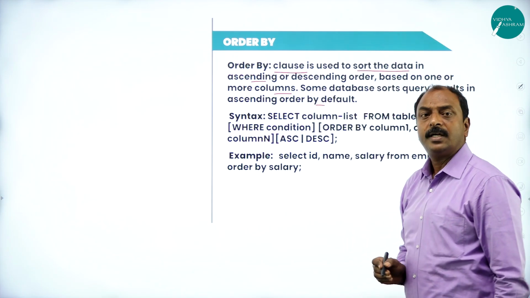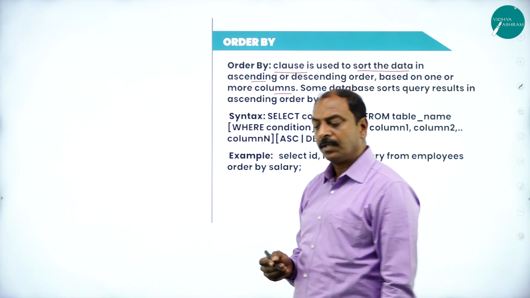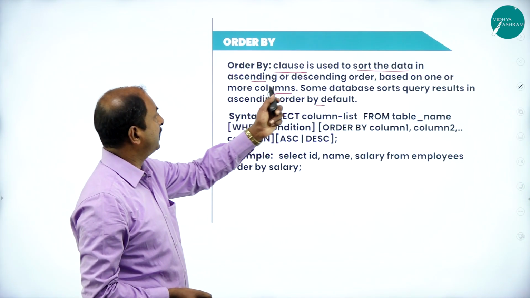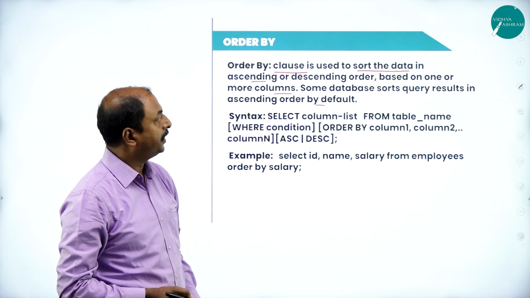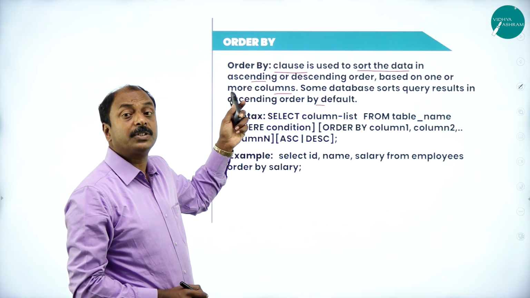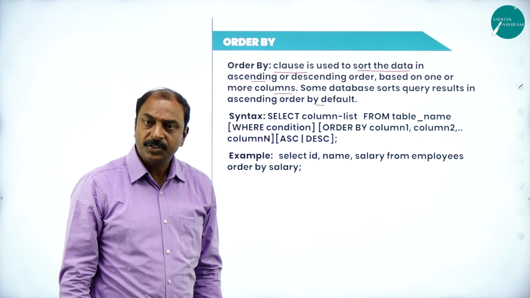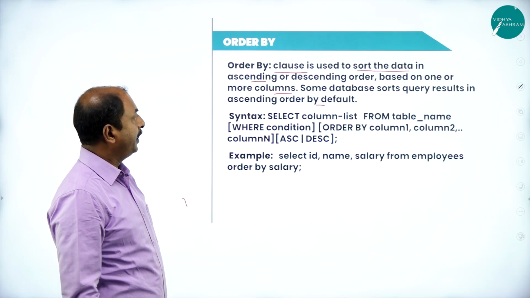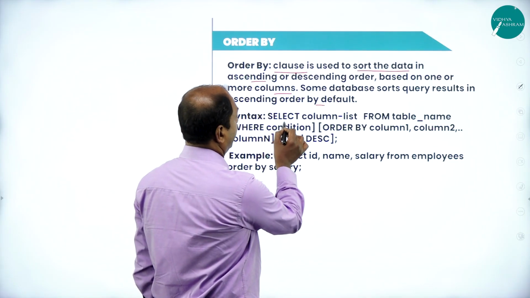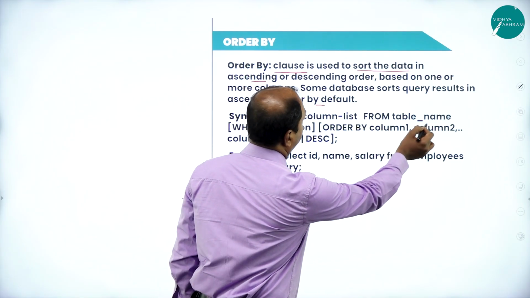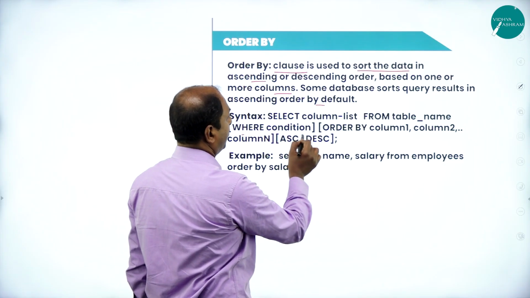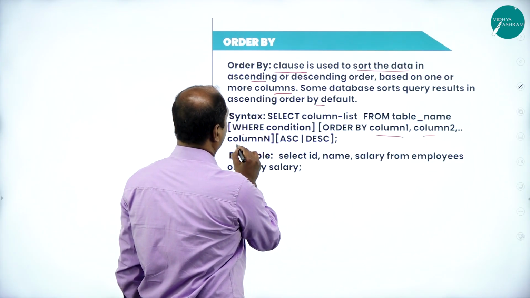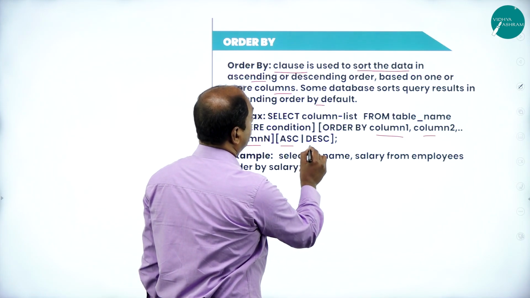Now look at the syntax of that. Select column list from table name where condition order by column 1, column 2, and column n, ascending or descending order.